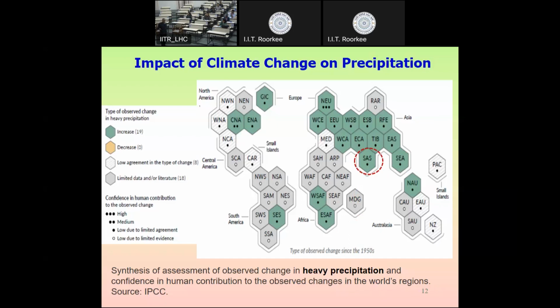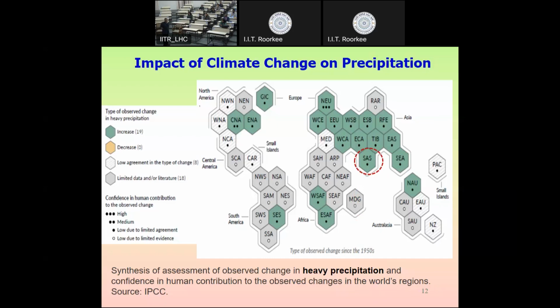So for that, they have used this notation, the number of dots. For South Asian region, there is only one dot, which means low due to limited agreement. So different models do not agree that there is going to be similar type of change. So there is less agreement among the models, and that's why our confidence to say that human contribution is resulting in this type of change is limited or low.